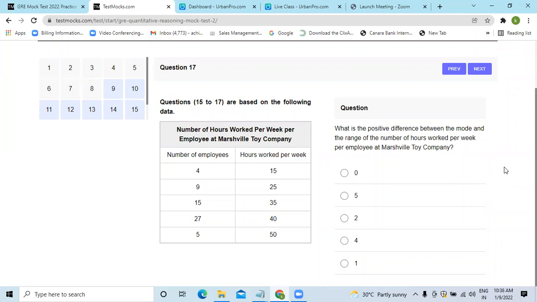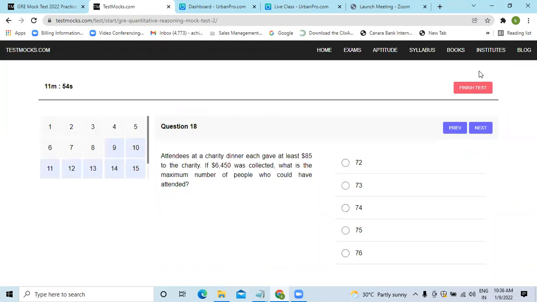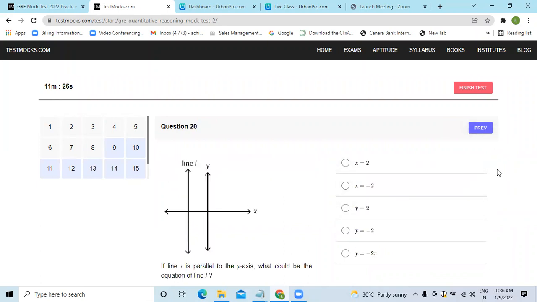This one was 5, sir. This one was 74, if I'm correct. Oh, sorry, 75, sir. This one was 6. And this one was x is equal to -2.